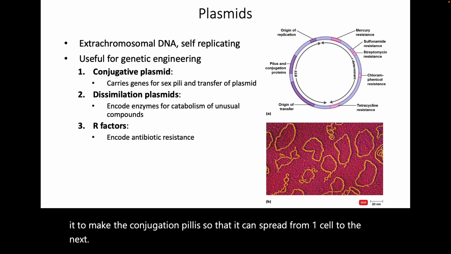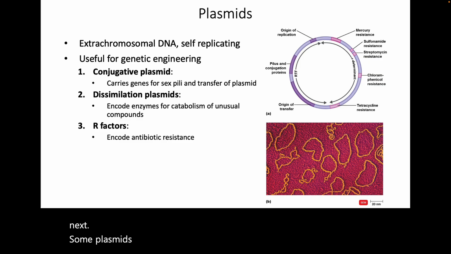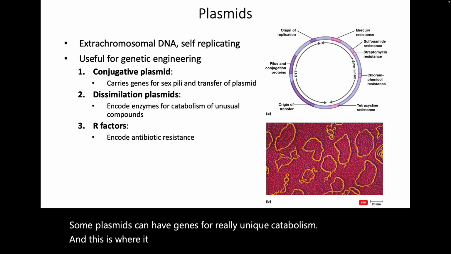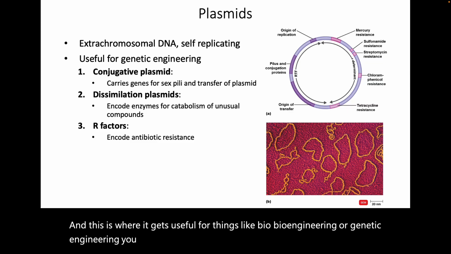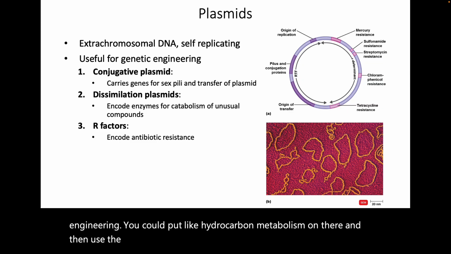Some plasmids can have genes for really unique catabolism. And this is where it gets useful for things like genetic engineering. You could put hydrocarbon metabolism on there and then use the organism for bioremediation of things like oil, like cleaning up pollution.